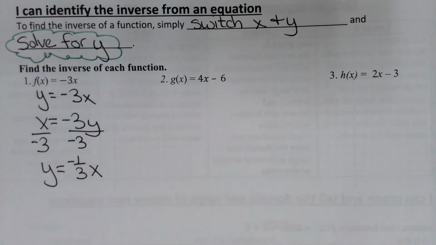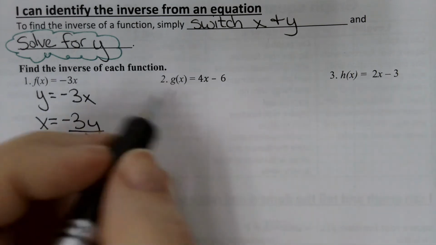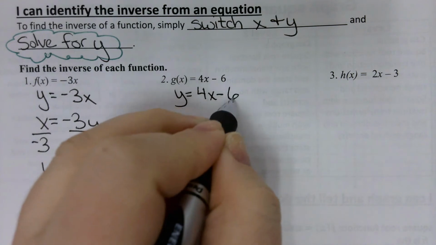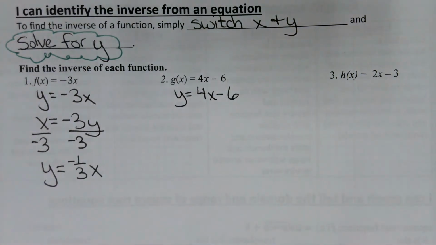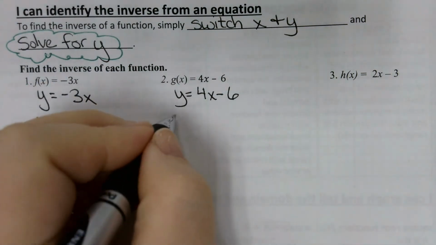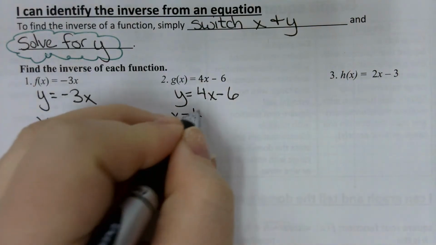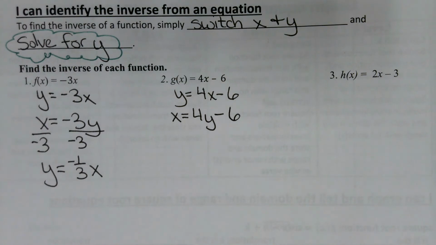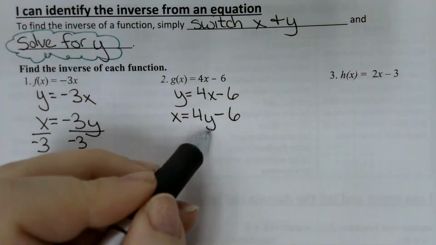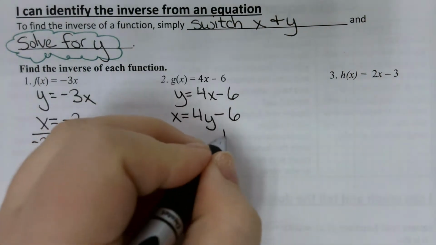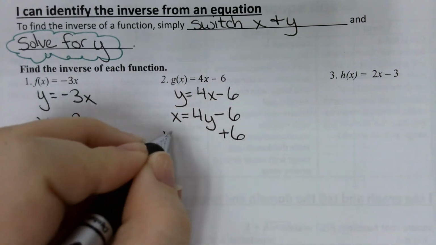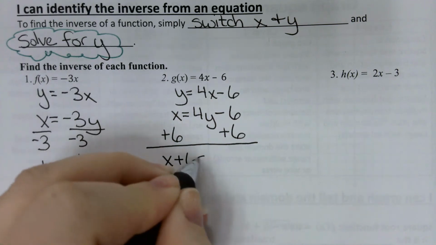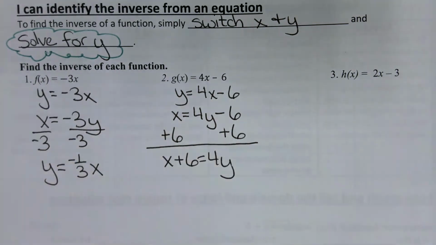Let's take a look at number 2. First, rewrite it with a y. Switch x and y. So x equals 4y minus 6. Then we'll need to solve for y. So we'll add 6 to both sides, giving us x plus 6 equals 4y.